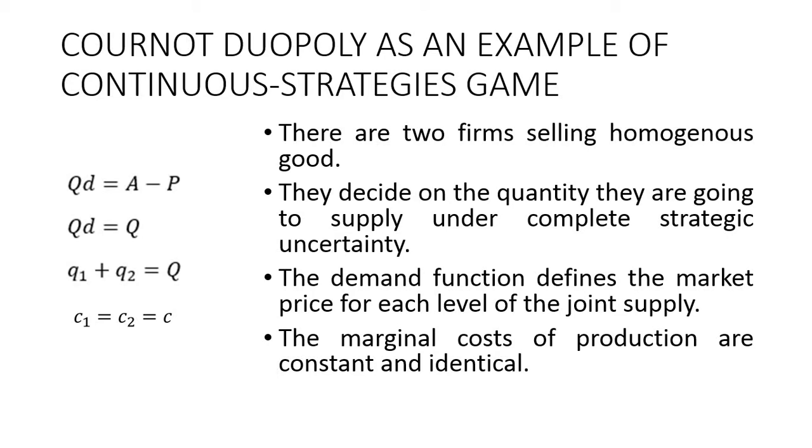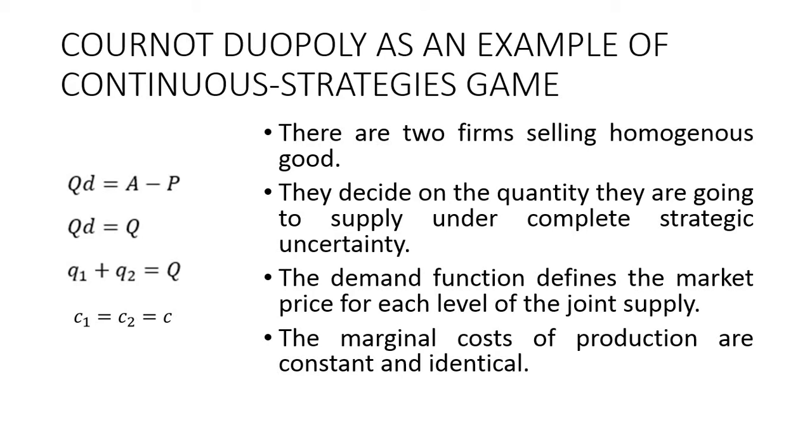We assume that the market demand function defines the market price for each level of the joint supply. So quantity demanded is equal to A, which is some constant, minus P, which is the market price. We assume that the market is cleared, so quantity demanded is equal to quantity supplied by the two firms, like it's equal to total supply. Total supply is equal to supply of the first firm plus supply of the second firm.